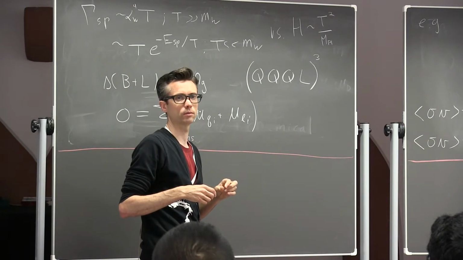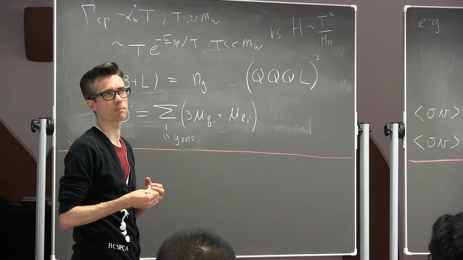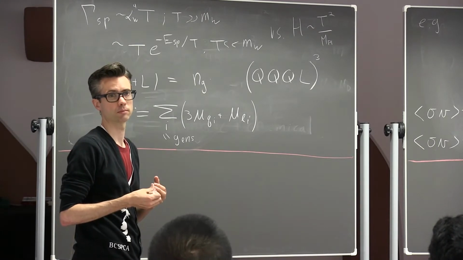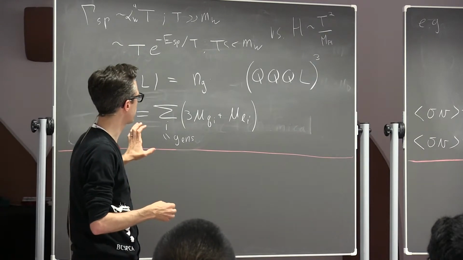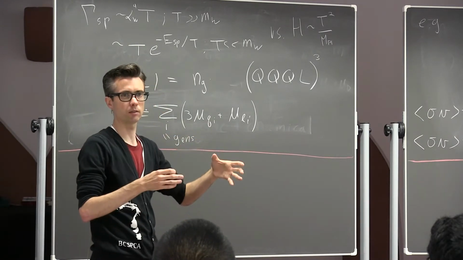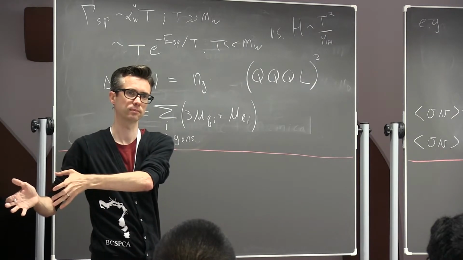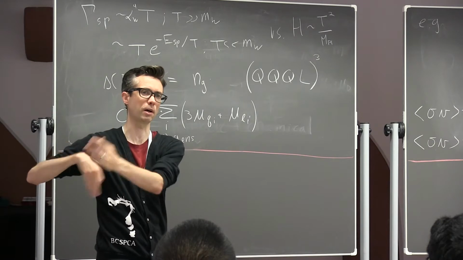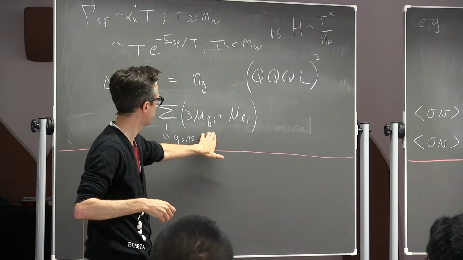So weak suppressed. But this only makes sense below the weak scale. Even well above the weak scale, the reaction is still QQQL for each generation, essentially going to nothing, and in all possible crosses of that. So this is the chemical potential relation you get from the Sphalerons being active.